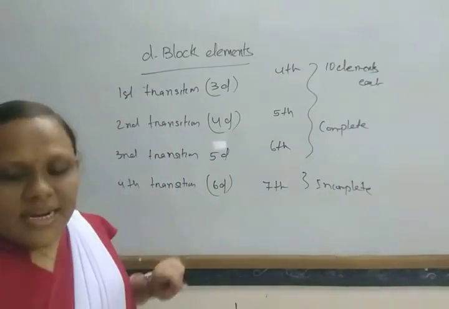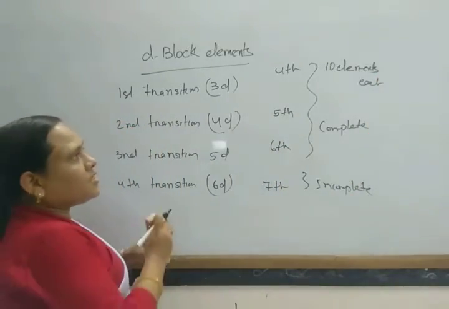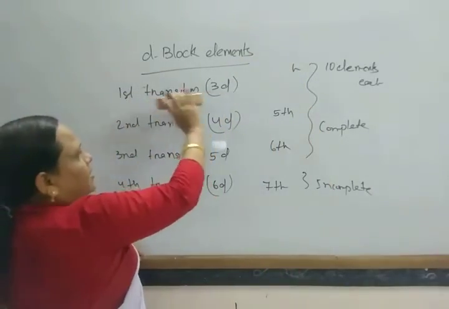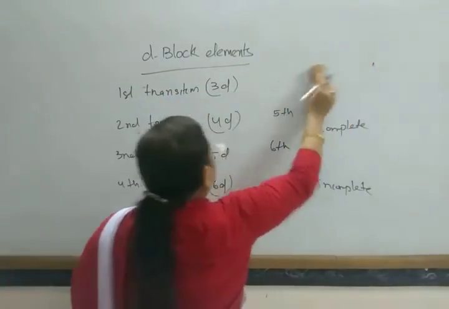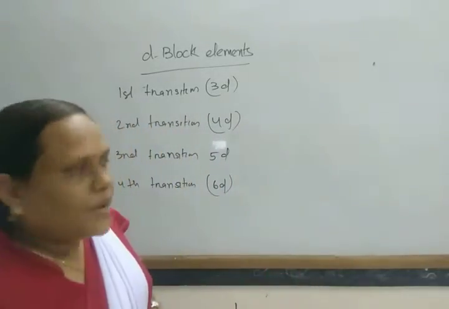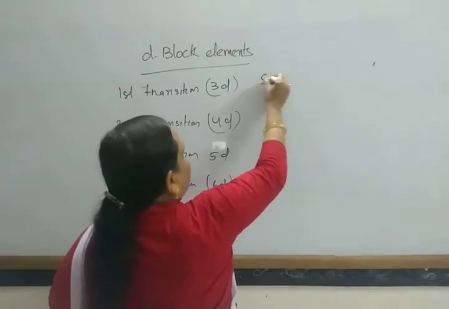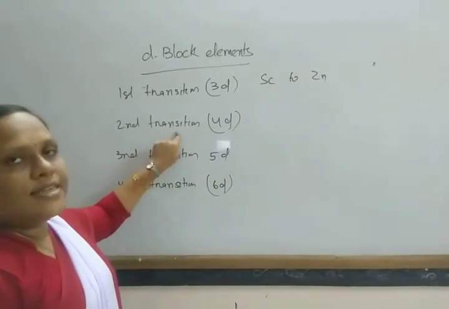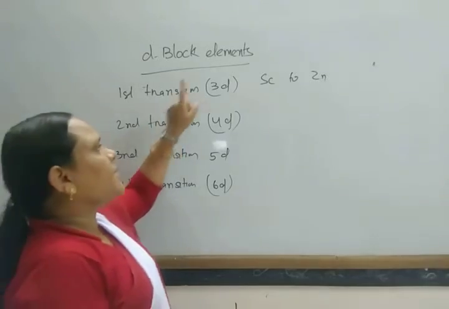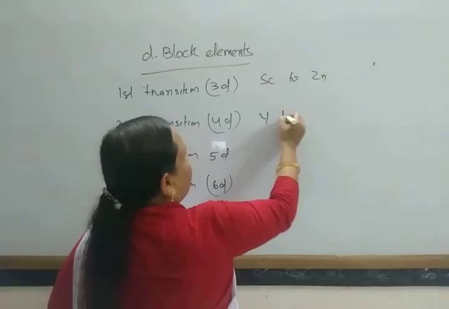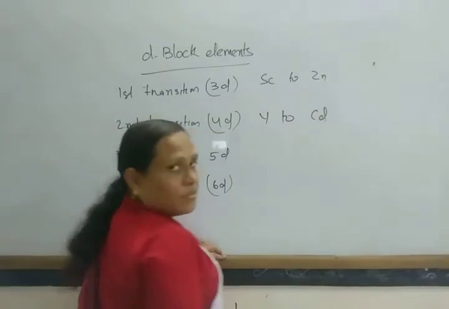Okay. So the first transition series consists of 10 elements, starting from scandium to zinc. The second transition series also consists of 10 elements, starting from yttrium to cadmium.